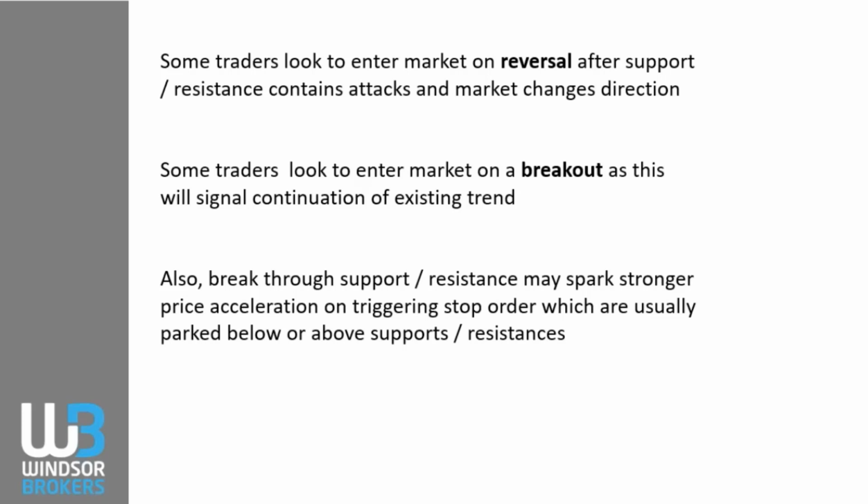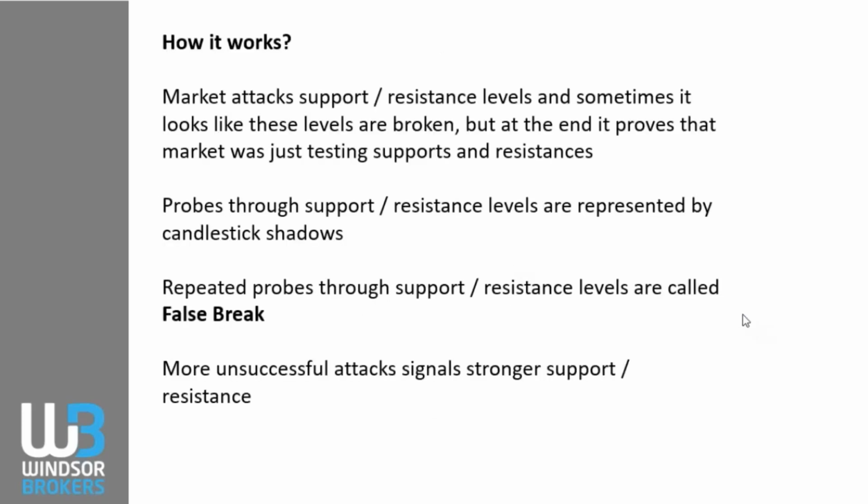So we call this a false break, and usually many traders get trapped with this because they get stuck with the long position entered above the resistance levels, but the market decided to reverse after resistance managed to hold all these attacks, and they get stuck, and then they have a problem with their position, which is running into a negative balance.